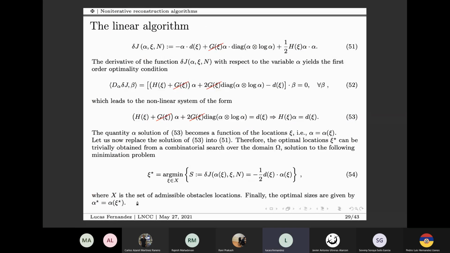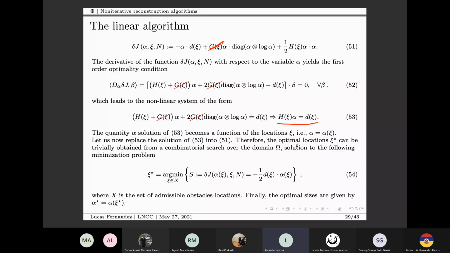There is a simpler version of the previous algorithm. Let's suppose the second order topological derivative is not relevant in the reconstruction process. So we disregard the matrix G from equation 51, which allows us to compute the quantity alpha from the linear equation 53.